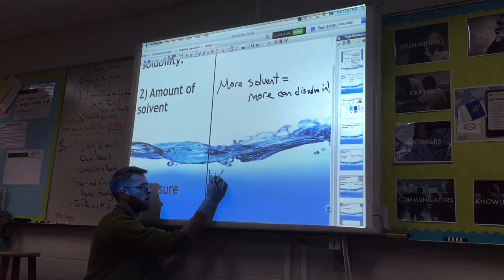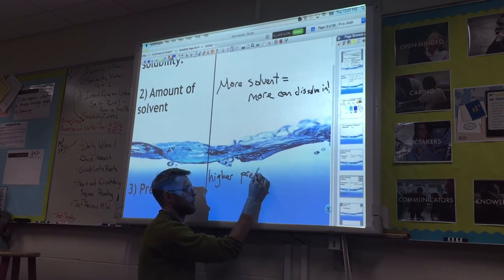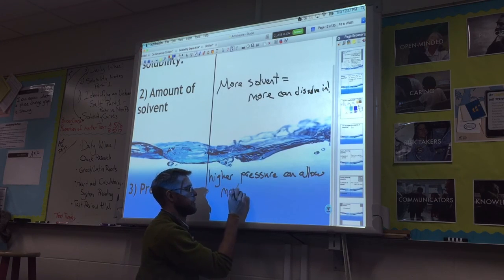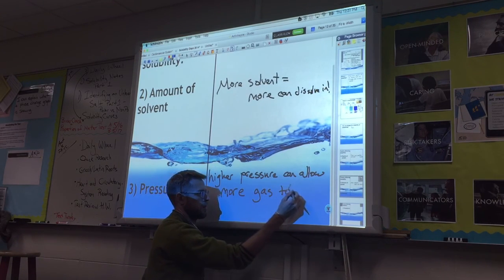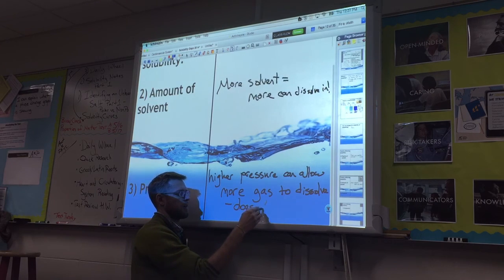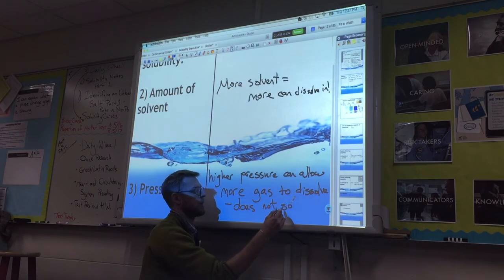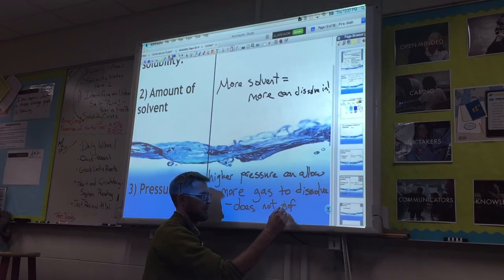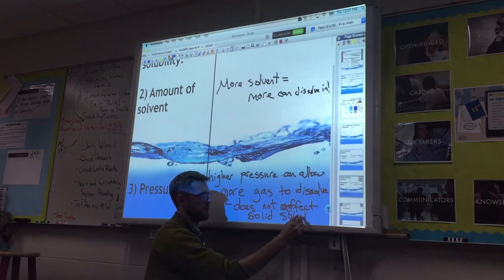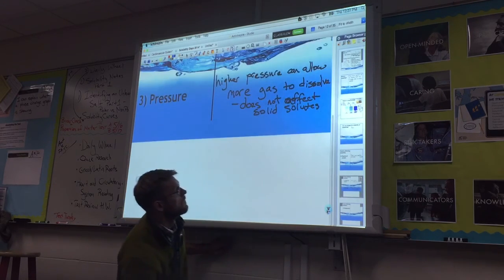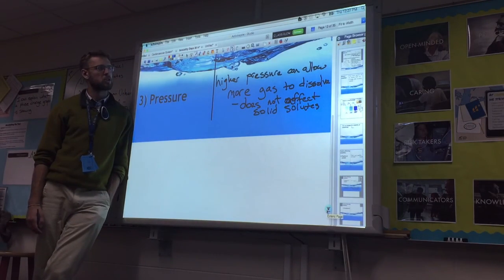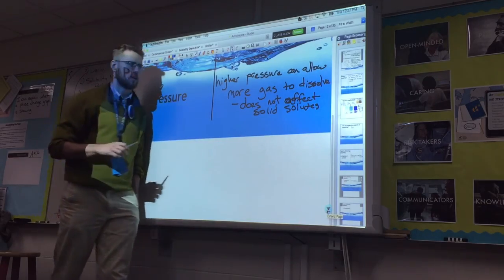Higher pressure can allow more gas to dissolve, but it does not affect solid solutes.